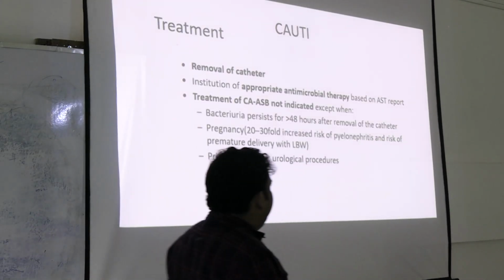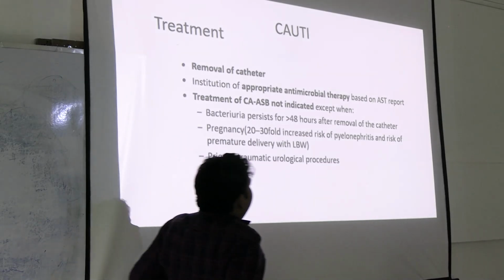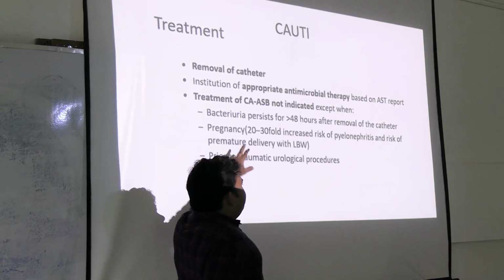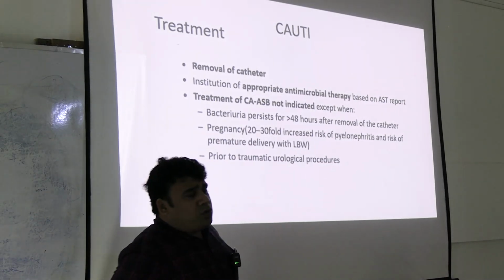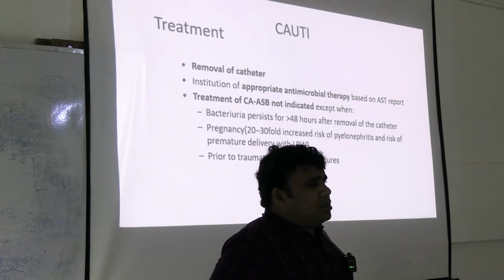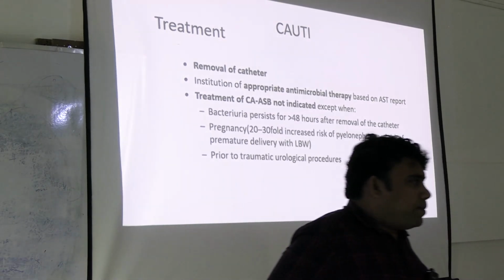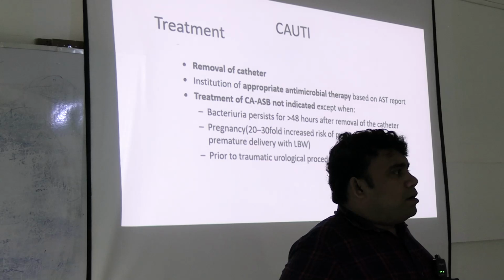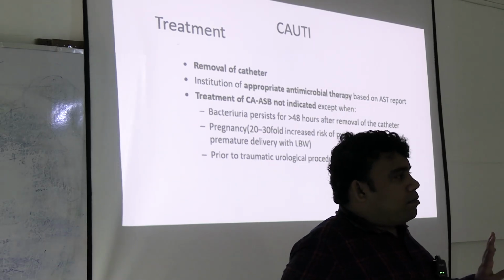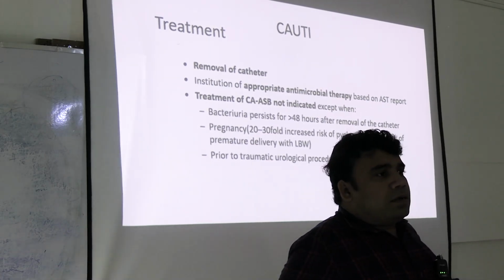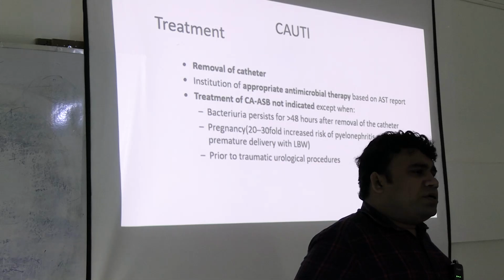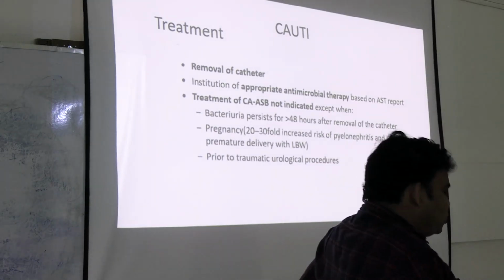For asymptomatic bacteriuria, treatment is indicated in some scenarios like pregnancy or prior to any urological procedures. If you remember these two, then fine. Only in these 2 scenarios, antibiotic therapy is recommended in case of asymptomatic bacteriuria.